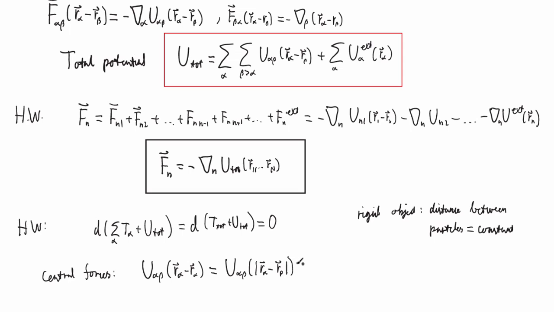And because that distance is the same, that means that the interaction potentials are constant as well, and therefore they don't influence the physics. If the potentials don't change over time, well, then the physics stays the same.